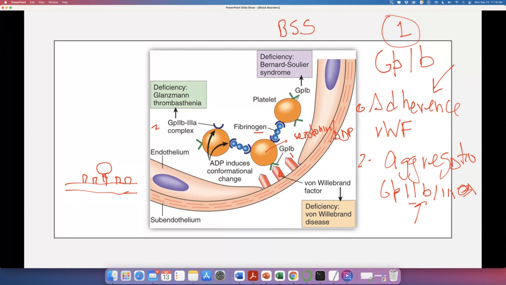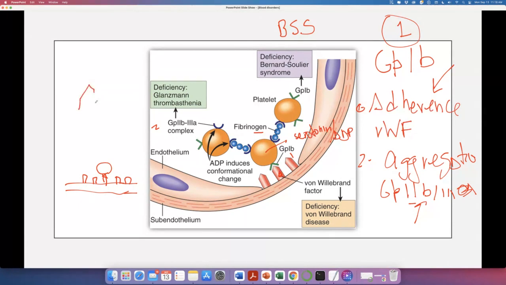But what if they have Bernard-Soulier syndrome? Doesn't matter how much von Willebrand factor is there. Platelets don't recognize von Willebrand factor. But there is another type of von Willebrand factor disease in which they produce von Willebrand factor, but it's defective.